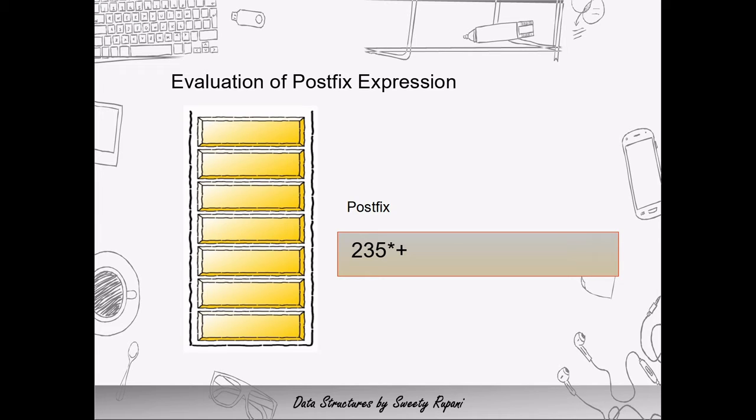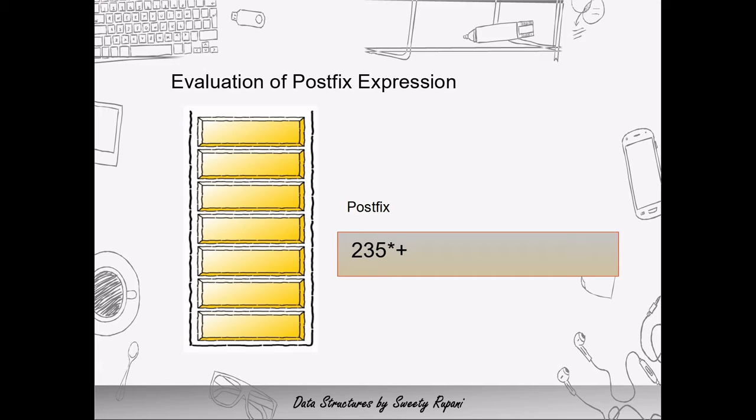Now let us have a look at the evaluation of a postfix expression step by step. I have got an expression 2 3 5 star plus, which is the expression 2 plus 3 star 5, converted to a postfix one from the infix one, and we have this already built postfix expression.